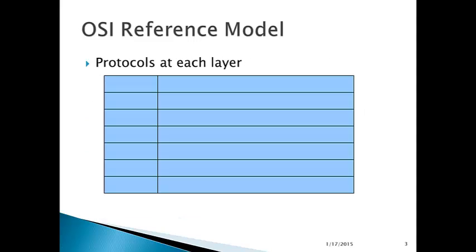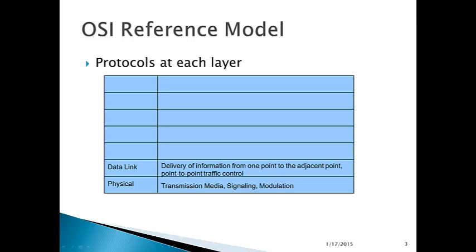Protocols involved at each layer include the physical layer protocols, the electrical engineering side: the transmission media, the signaling, and the modulation. The data link layer is the delivery of information from one point to the adjacent point. It's the point-to-point traffic control, as well as how you access the media.